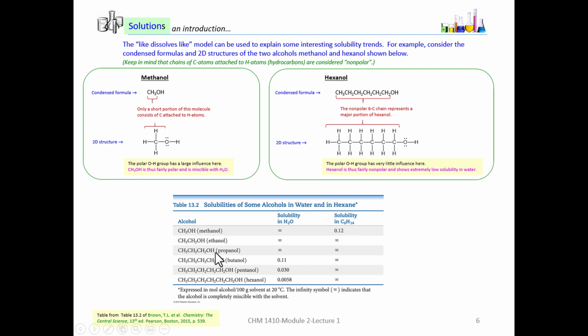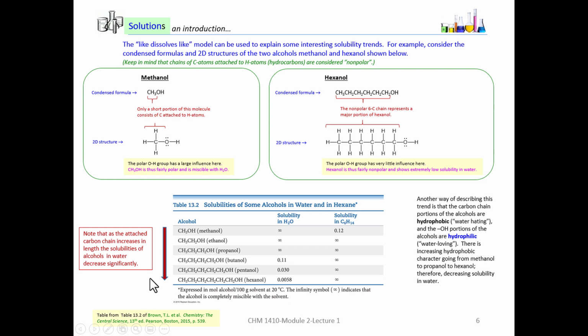The hydroxyl group makes it soluble in water. But when you get to butanol and pentanol, you'll notice that the carbon chains are becoming so long that butanol is now becoming less interested in water, but it certainly is very interested in the nonpolar hexane. So again, note that as the attached carbon chain increases in length, the solubilities of alcohols in water decrease significantly.